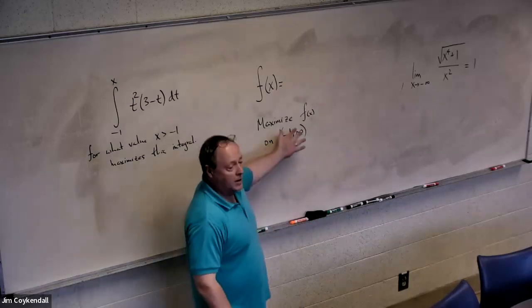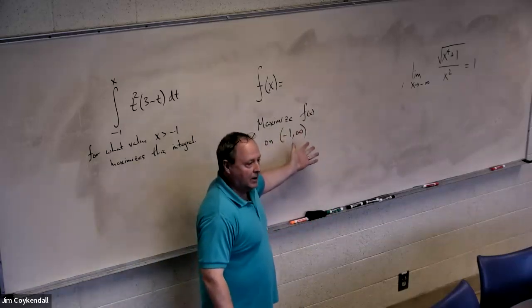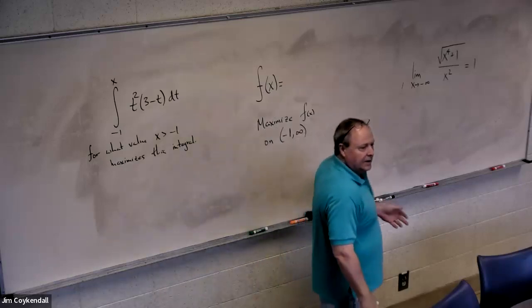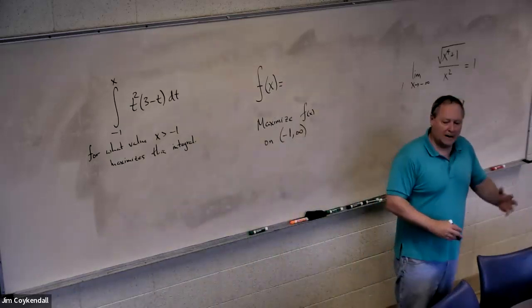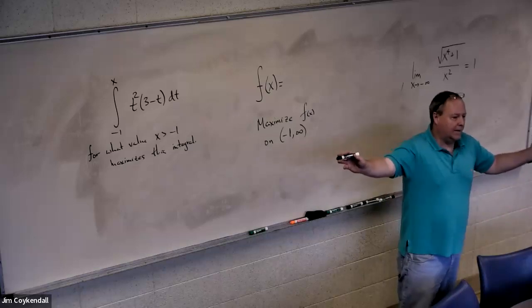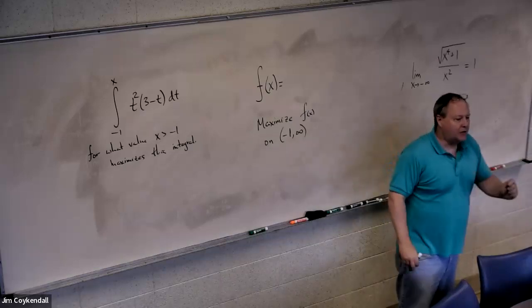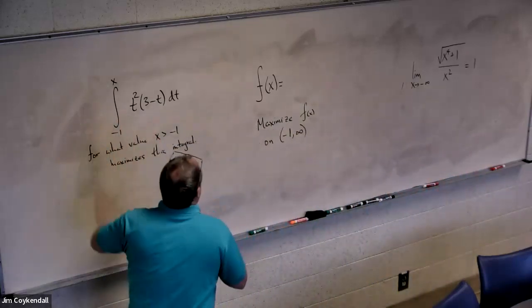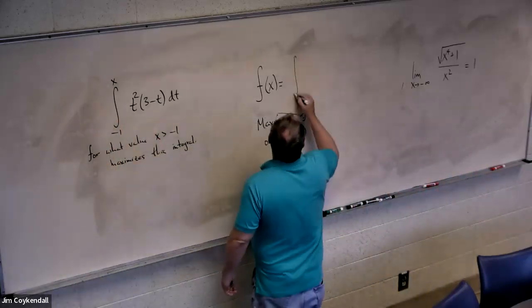Does this look like a familiar problem? The kind of problem you've had before? I give you a function, like when we did optimization. I said, okay, here's a function on the interval from -1 forever to infinity. Find me the maximum value. That's exactly what this problem is, because this I can identify as a function. What is my function?